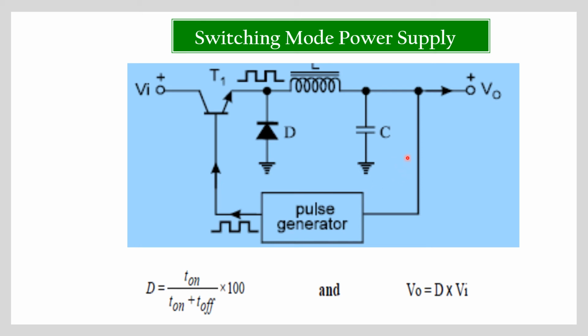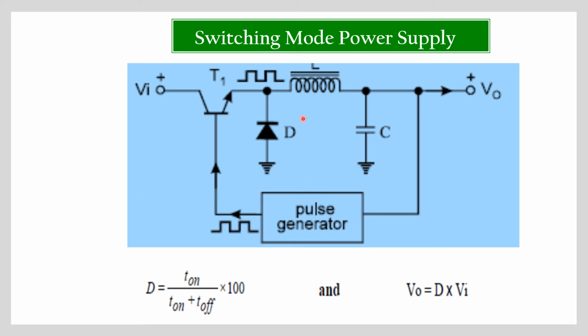Its DC output is very pure as compared to the general purpose DC power supply. It is light in weight, small in size and has low power consumption. It consists of a series pass transistor which conducts only when its base is positive.